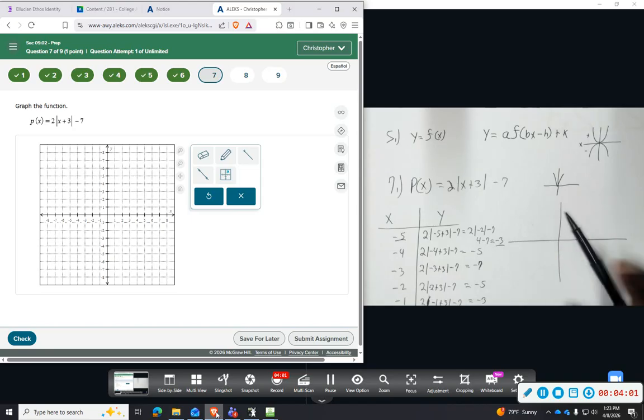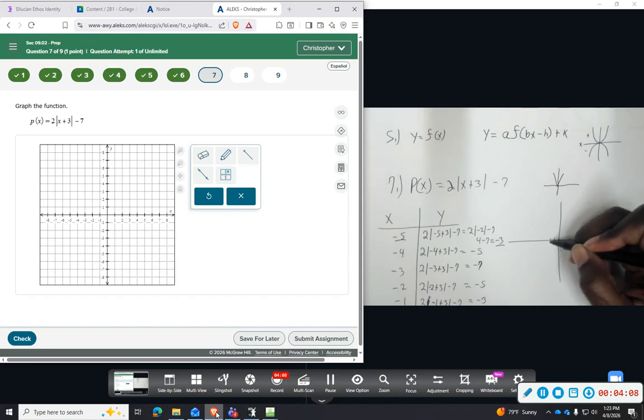Okay, so if I was plotting this by hand, we would go negative 1, 2, 3, 4, 5, 7.